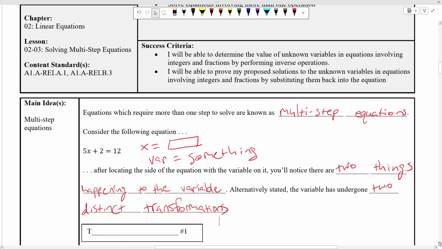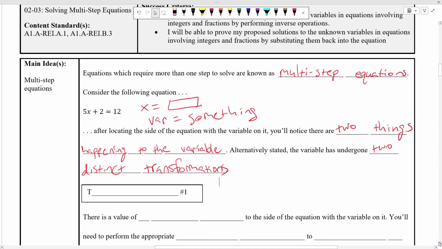So let's talk about it. It doesn't matter which one we start with, but let's look at each one independently. So let's look at transformation number one.